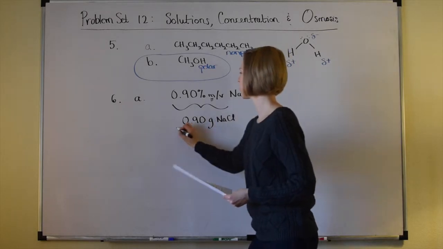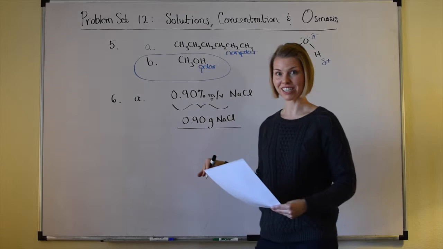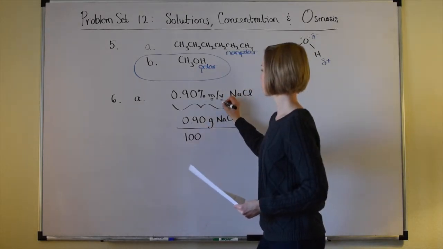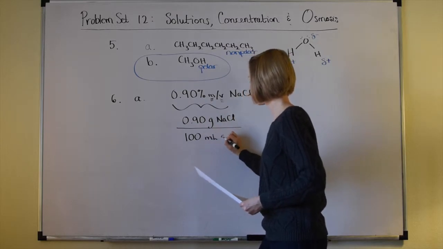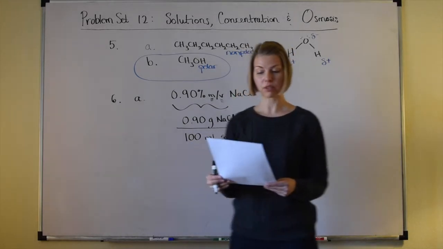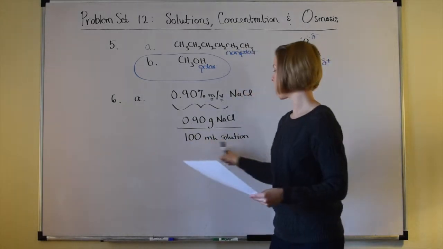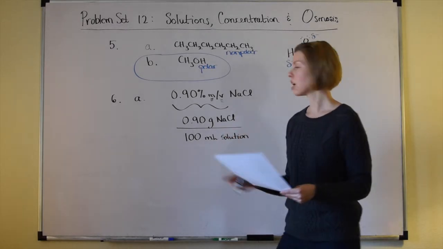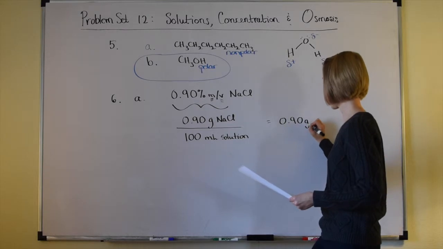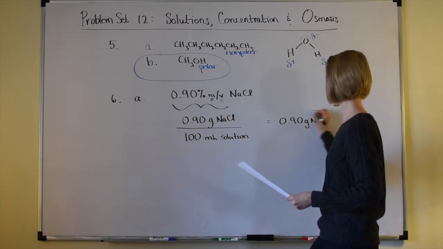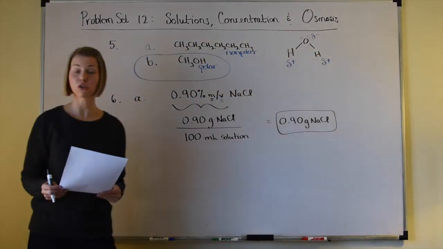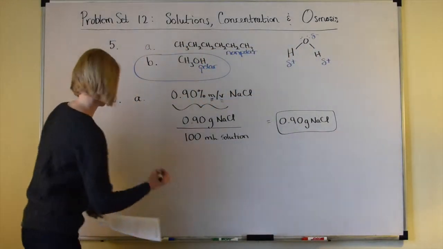Sodium chloride is a solute. It's a percent, so percents are always out of 100, and it's a volume, so it's 100 milliliters of total solution. So how many grams of sodium chloride are needed to make 100 milliliters of solution? Well, it would just be the 0.90 grams of sodium chloride if you're just trying to make 100 milliliters of solution.